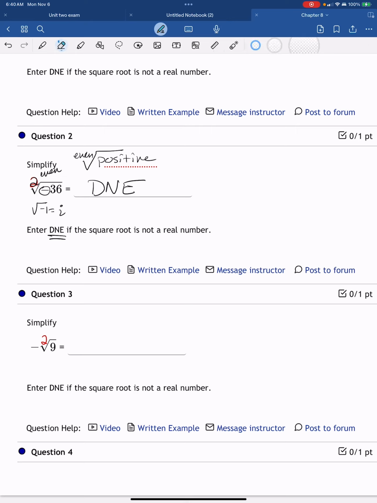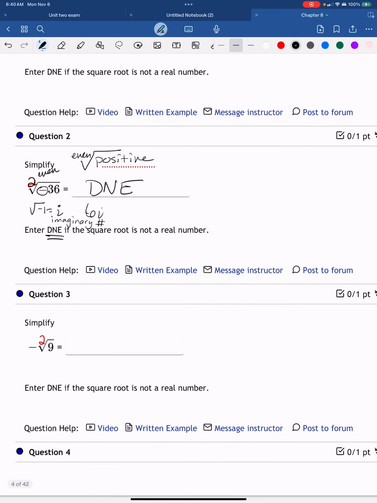So technically, this guy equals 6i, the imaginary number. But you guys don't need to know about that. I just want to sneak it in.